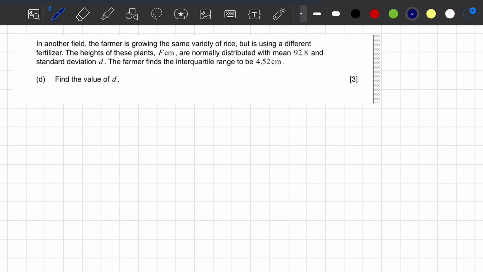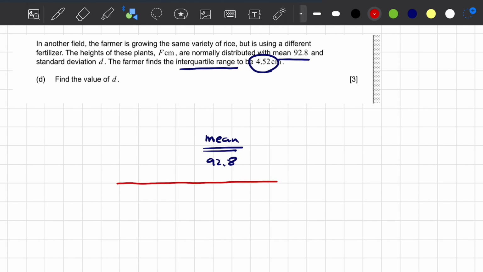So we know that interquartile range is 4.52, the mean value is 92.8. Let's say the red line is our IQR, then the Q1 value to Q3 value, the interquartile range is 4.52.